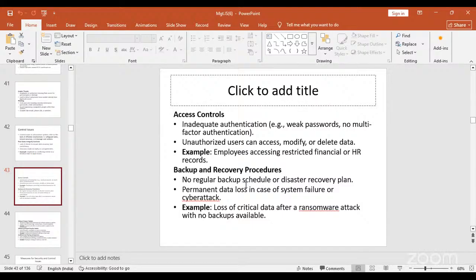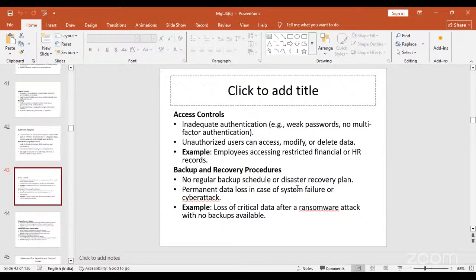No regular backup schedule or disaster recovery plan, then there is a loss. So regular backup should be there to make the system perfect. Permanent data loss can occur in case of system failure or cyber attack.